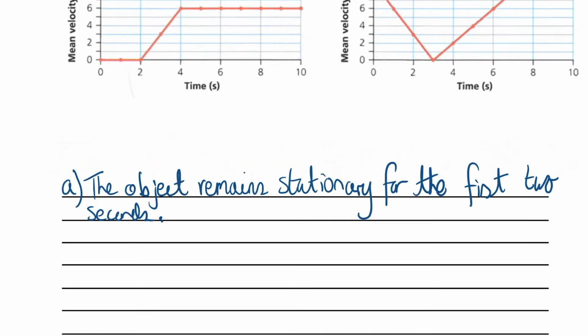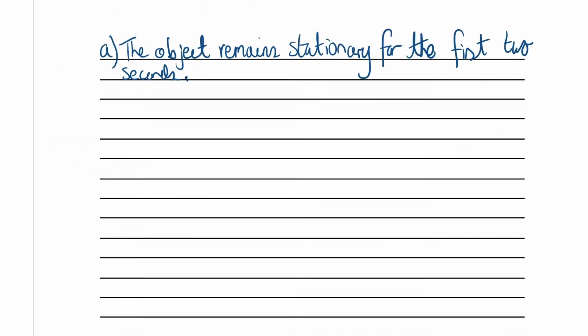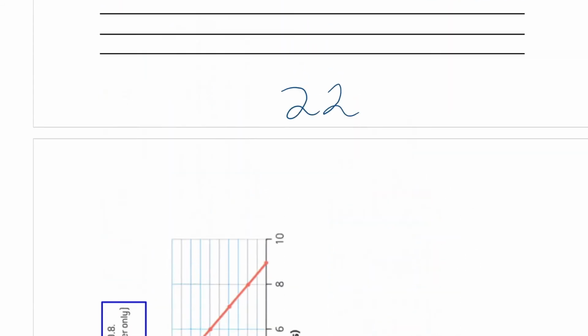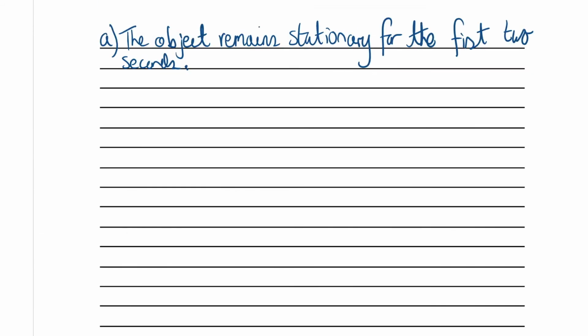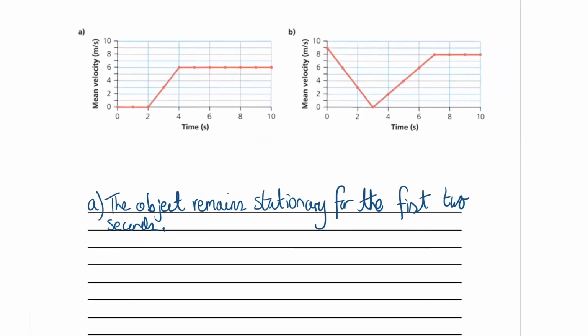Moving then on to page 22. There's 5 questions for you to do over the next 2 pages, 22 and 23. Great questions. They get you thinking about how a velocity time graph translates into words.